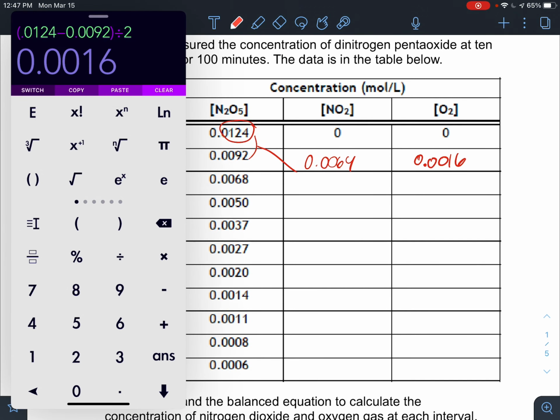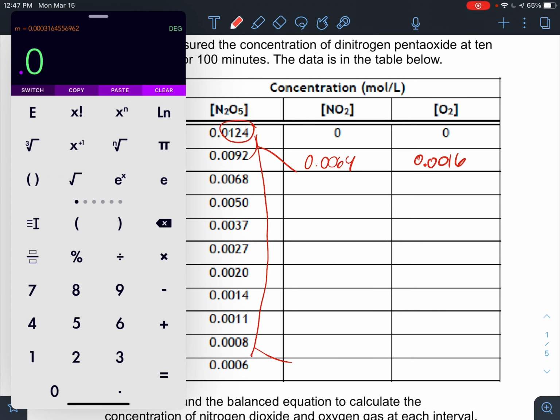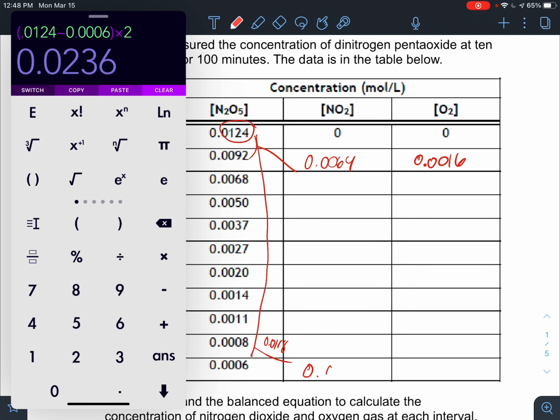If we do this for the last option, because we are going to need that last number later, we're going to take the total difference, 0.0124, subtract the final remaining amount. We've got a change of 0.0118 in total, and so then if that change is converted into product, there are 2 NO2s for every N2O5 that's consumed.